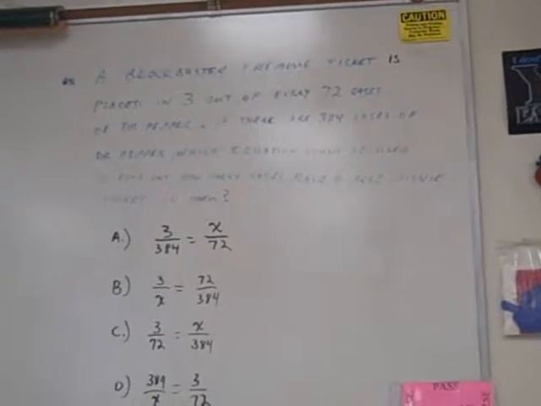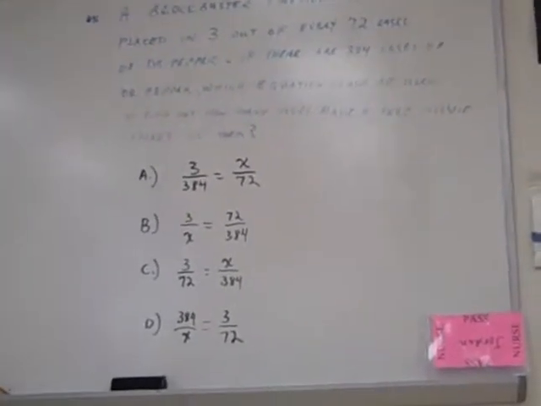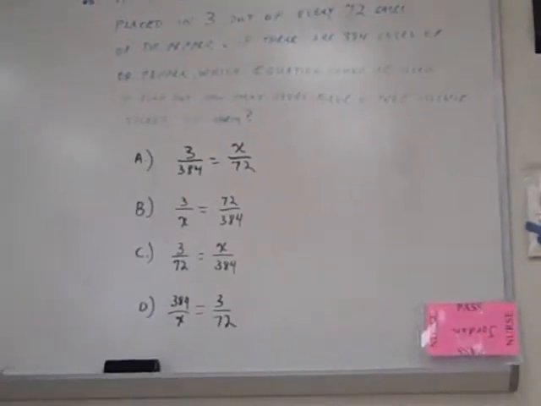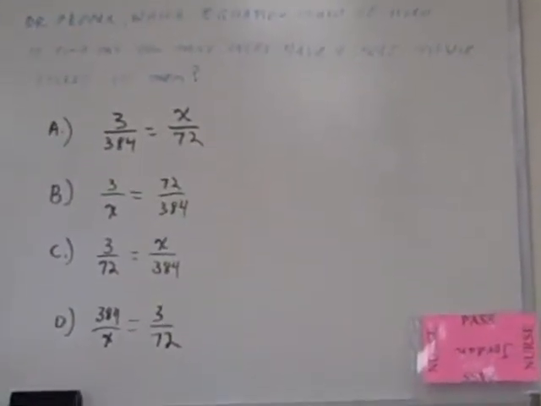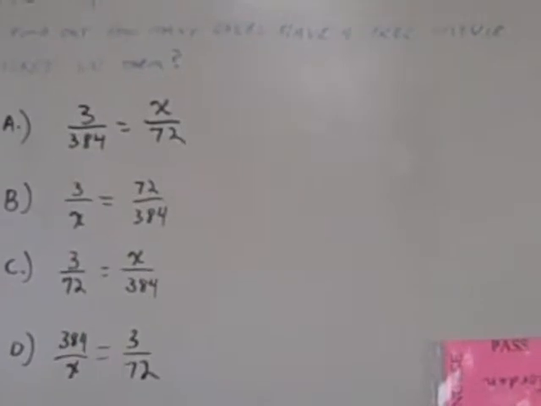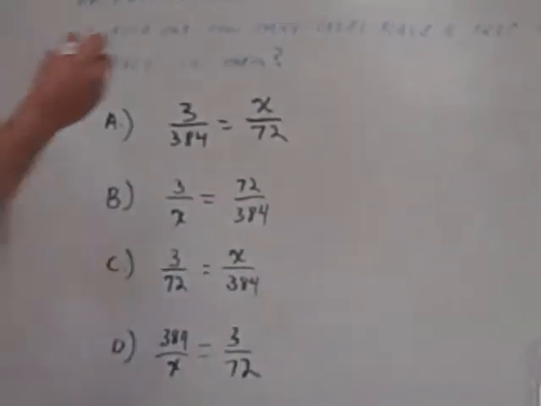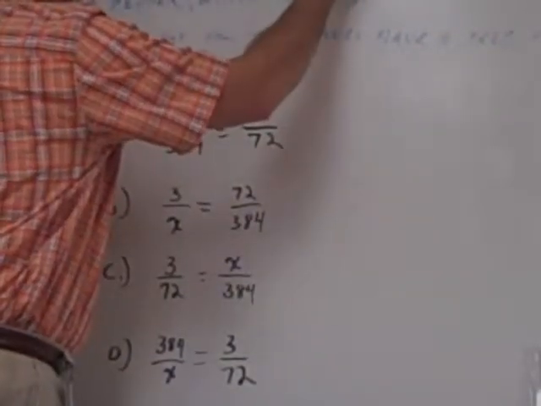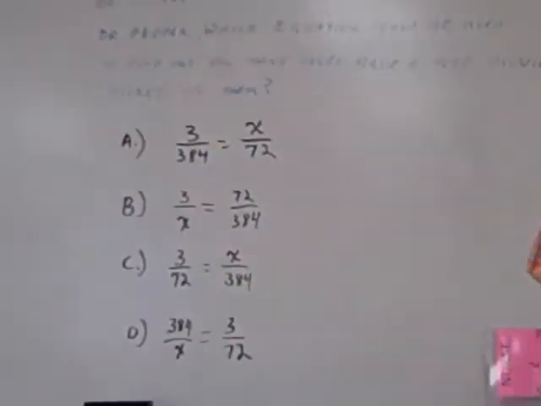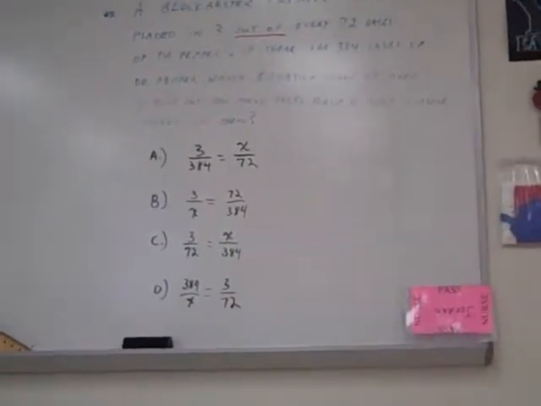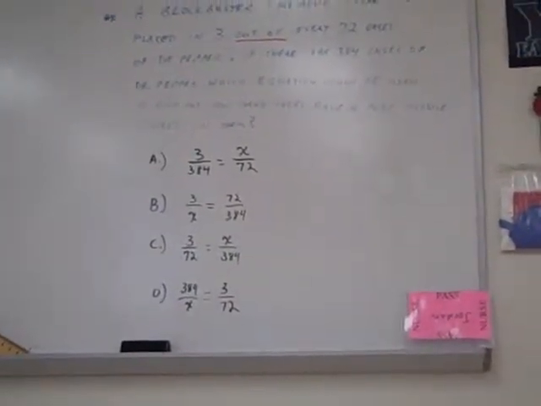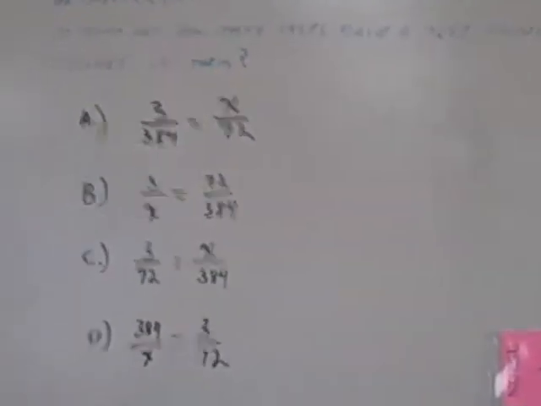Oh man, all those answer choices just all jumbled up in my head. Is there anything up in the problem that helps me? Out of every. Whoa! What is that? A ratio word. And a ratio word tells me to set up a fraction.